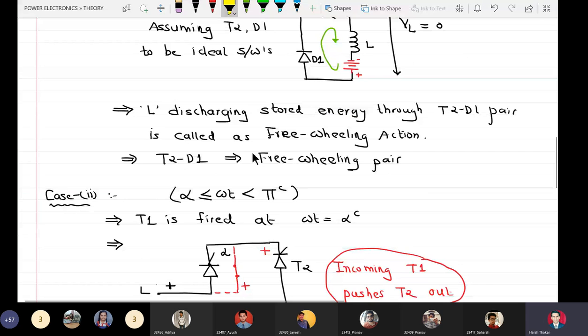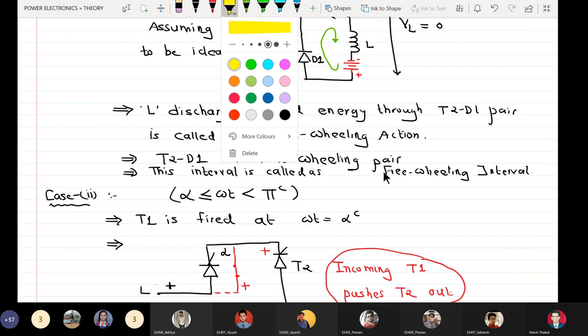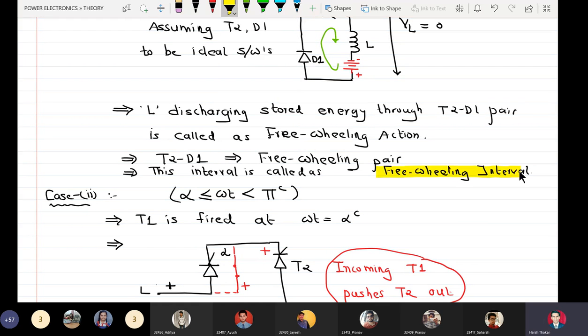So we can say here the last point: T2 and D1, the subscripts of thyristor and diode are different, so freewheeling.